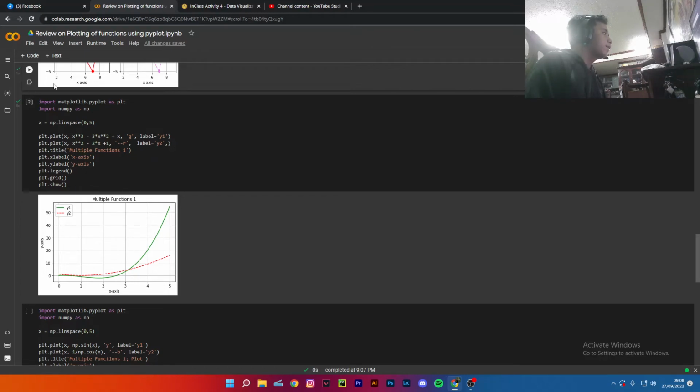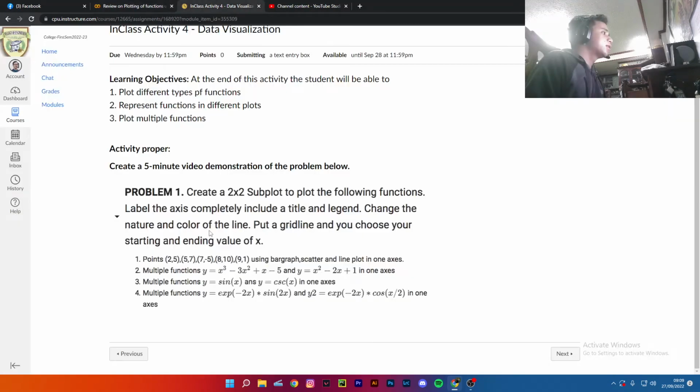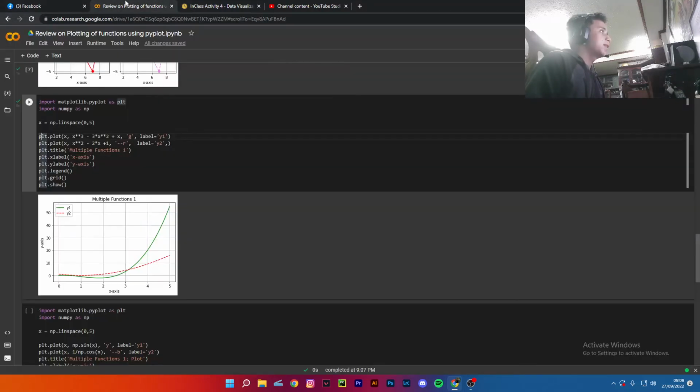So here we have to import the matplotlib library as plt and import numpy as np, since we have to make a np.linspace which will determine the starting and ending value of x. So here we have to plot the functions y equals x cubed minus 3x squared plus x minus 5.